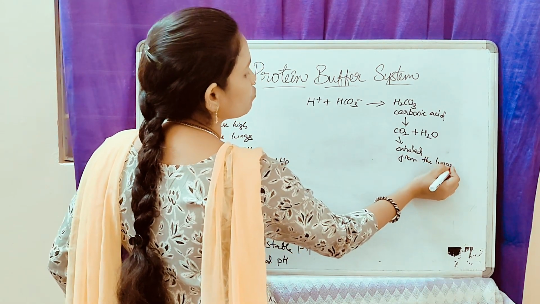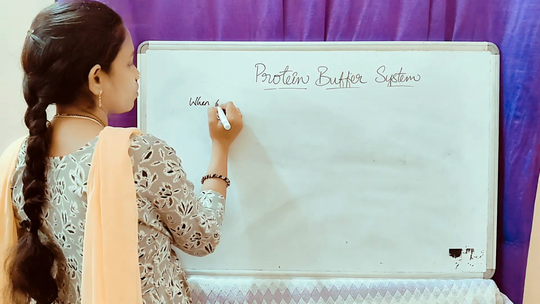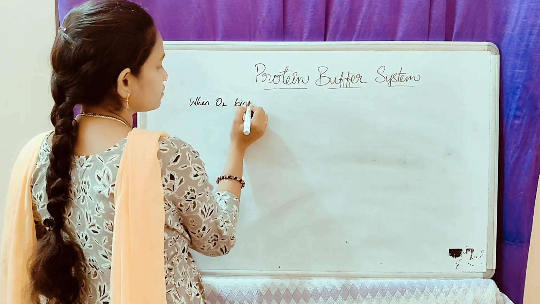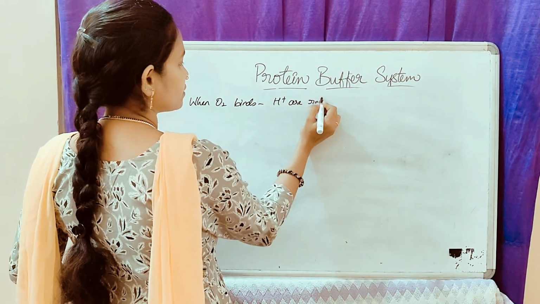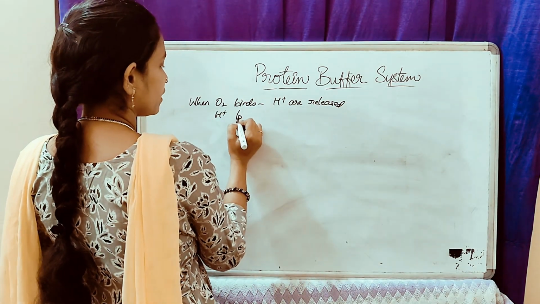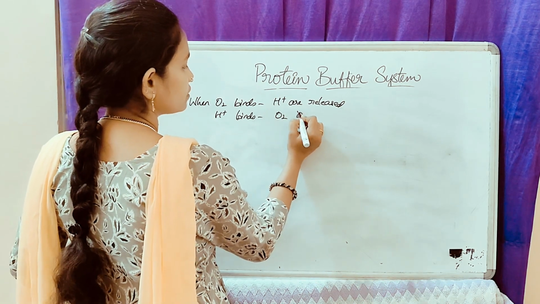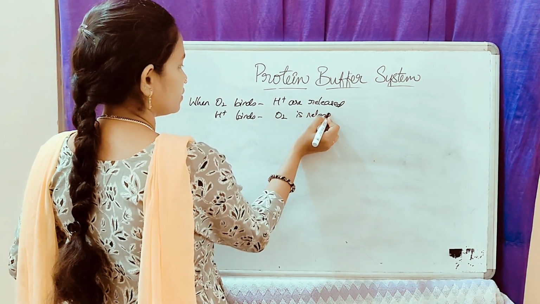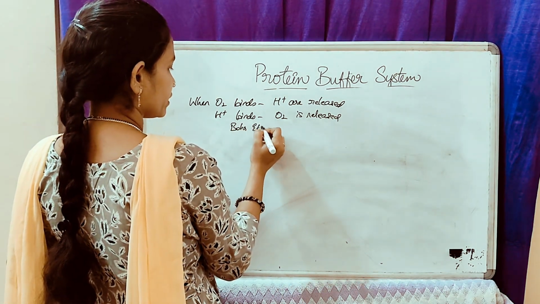So from this what we have come to the conclusion. When oxygen binds, H plus ions are released. When H plus ions bind, oxygen is released. So it is a part of the Bohr effect.